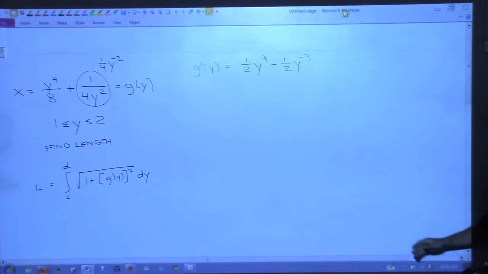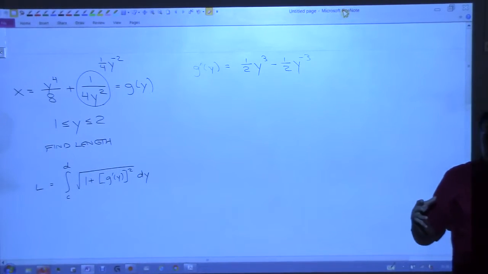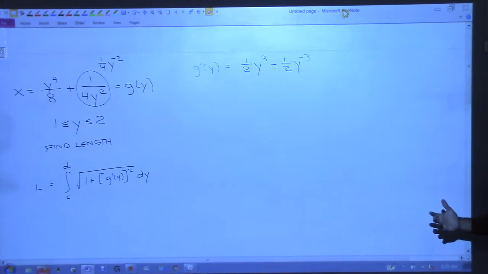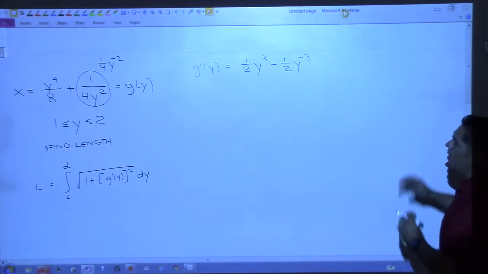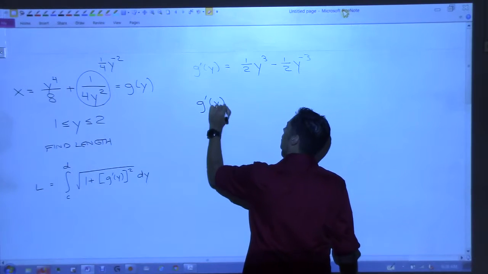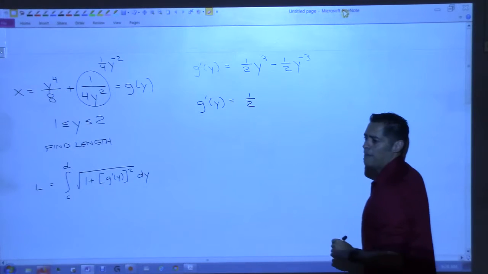Now on the last problem when I squared, didn't I just do this times itself next to one another? Yes. I'm going to do this one a little different just to show you there's different ways to do this. Instead of just writing it and foiling it out, first I'm going to rewrite this derivative. I recognize that I have a 1/2 in both terms, so I factor a 1/2 out.